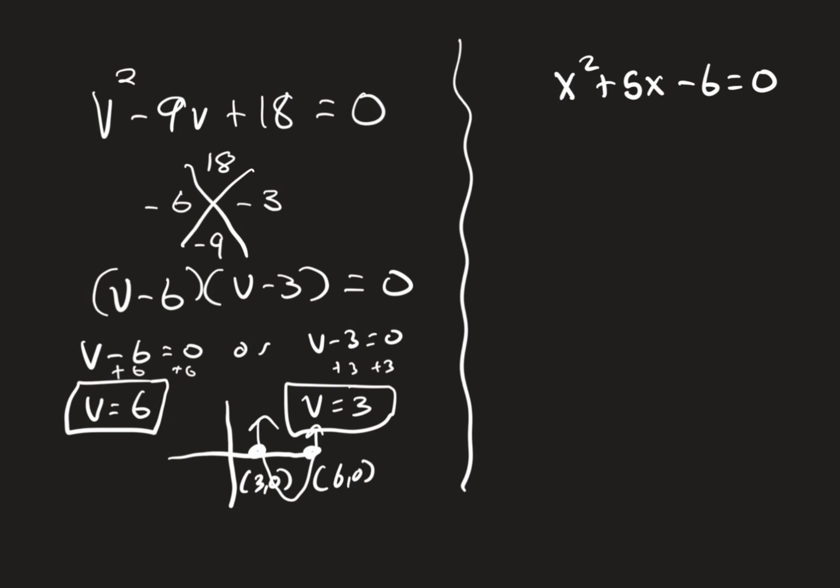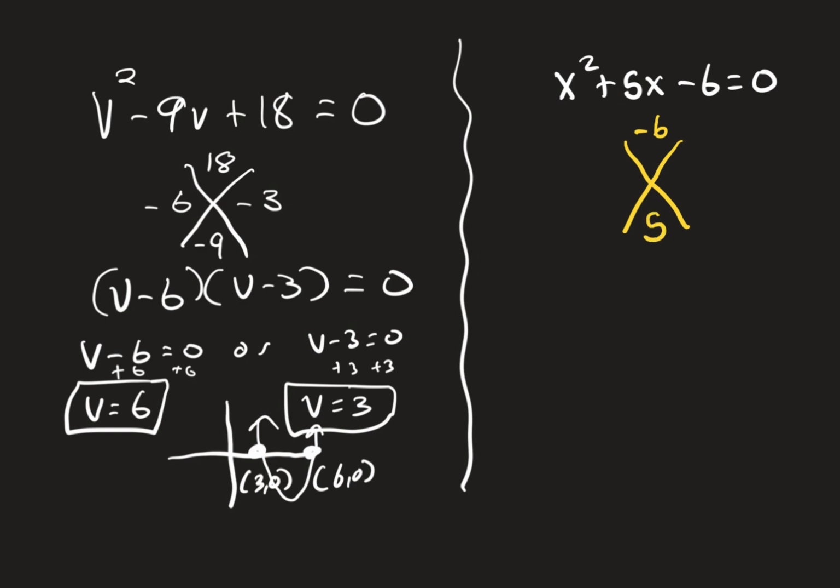Done. The a value is positive. Good to go. Now we're going to see if it factors. Hopefully it factors. Will these always factor? No. Will they over the next couple days? Yes. Eventually we're going to introduce the quadratic formula. That's next week. Late next week.